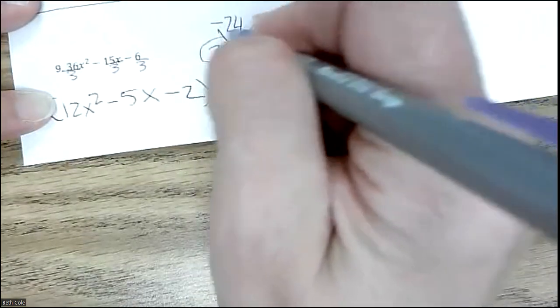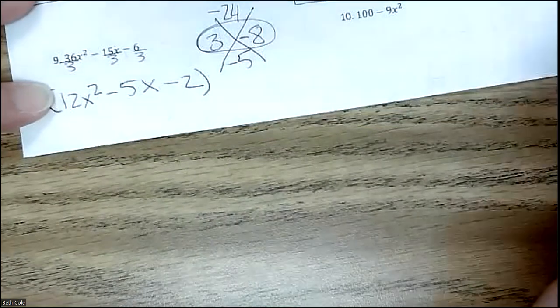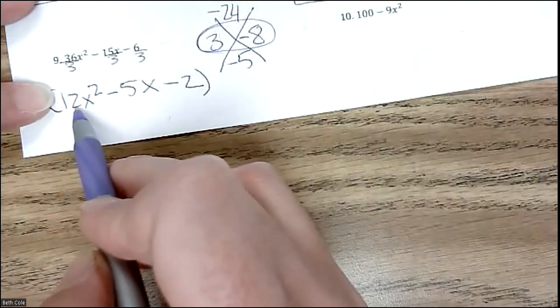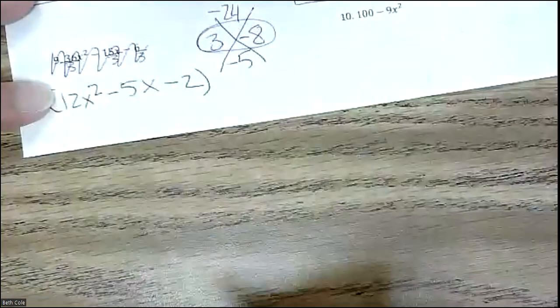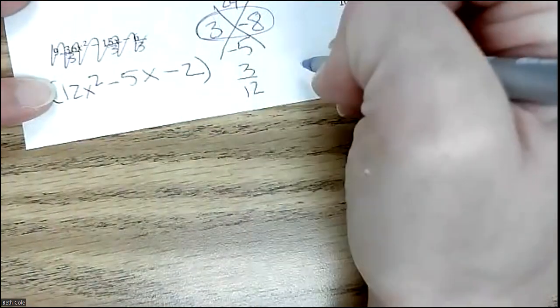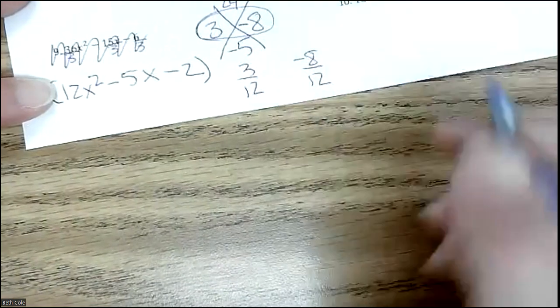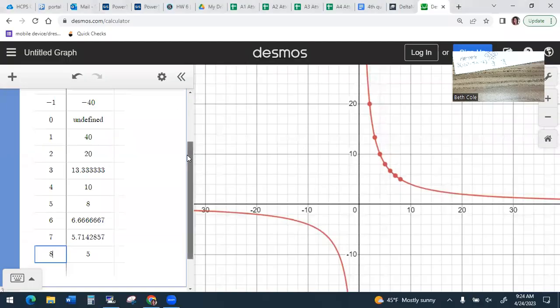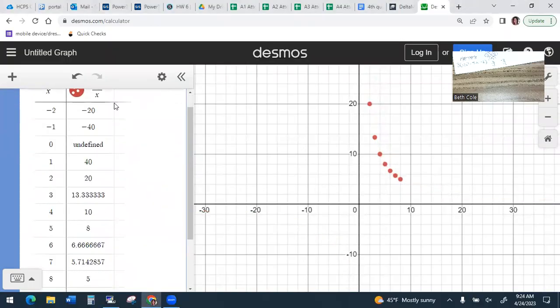So you're going to take these two numbers and put them over 12. You can scribble out the original problem if you're worried that's going to bother you, but you're going to put them over 12. So we have 3 over 12, negative 8 over 12. Let me just share my screen and show you how the calculator will do this, because if you aren't sure, I want you to use the heck out of your calculator.